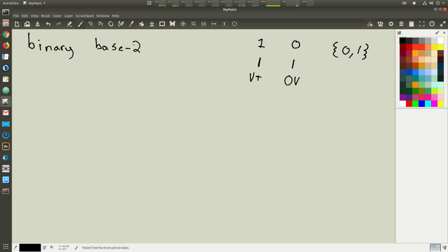Whatever the base is, that's the number of characters in your alphabet. And these could be anything. We're using 0 and 1 because we're used to it, but we could also use square and triangle. That could be our alphabet if we wanted, and we could still represent a number.